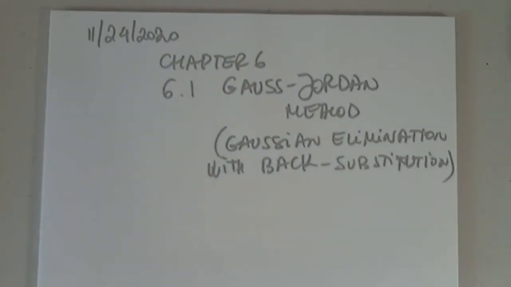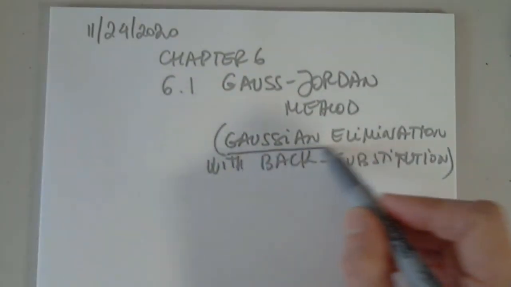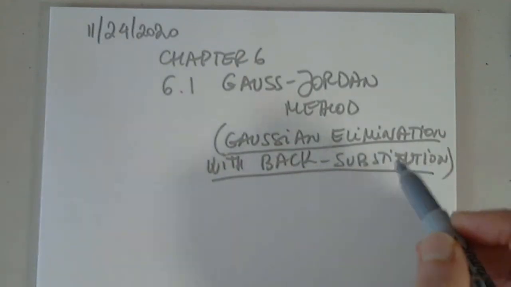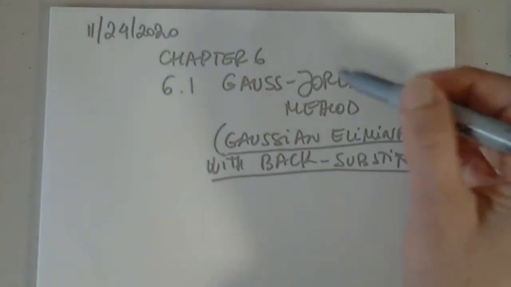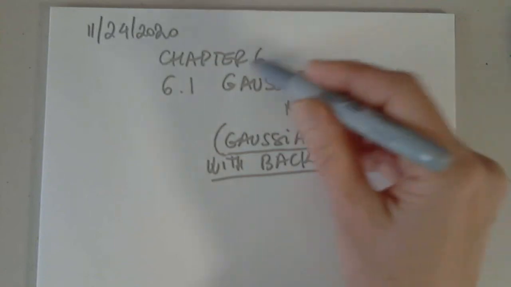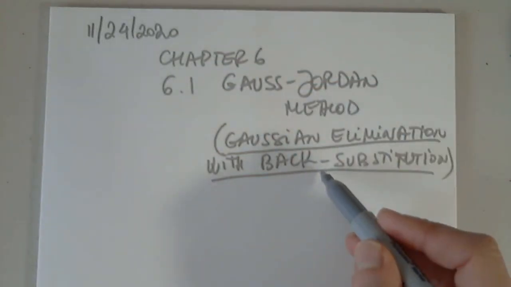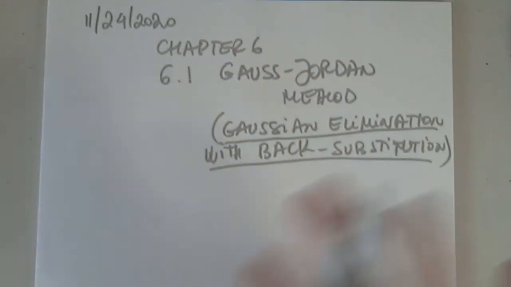Correct. Okay. I will not present this, but if you think that this is easier for you, I will allow you to change this method into this. Okay? It's up to you.